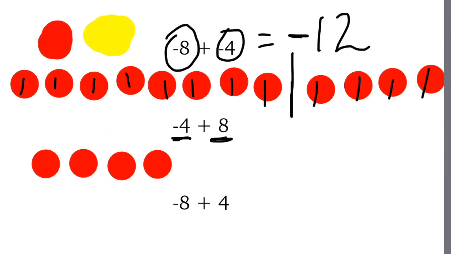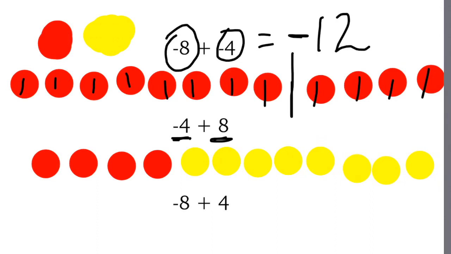So I'm going to put out 8 yellow counters, which represent my positives. 1, 2, 3, 4, 5, 6, 7, 8. Squeezing in the 8 one here. I'm going to move them all over a little bit so that we can see all 8 of those counters clearly.